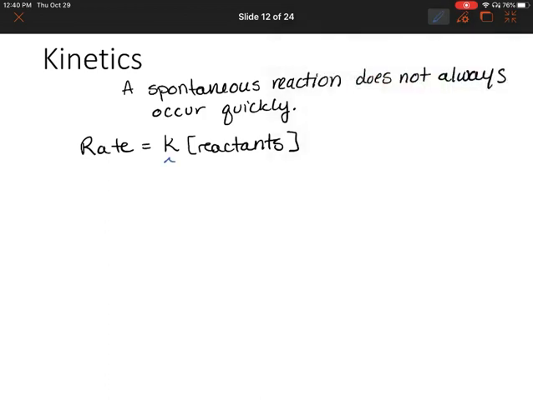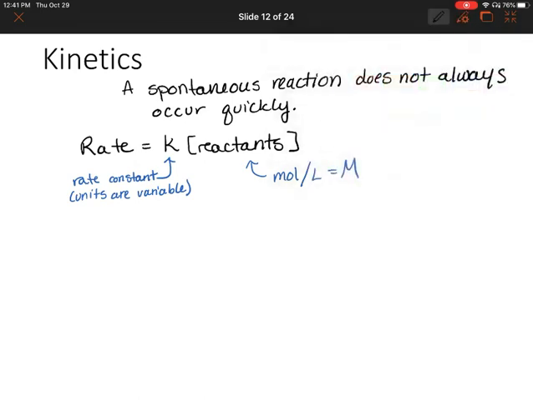So again, K is our rate constant, and the units are going to vary depending on the reaction itself and how many reactants you have. So we'll just write units are variable. And then the concentration of the reactants is in moles per liter, so molarity.